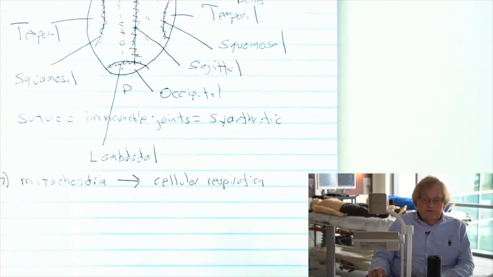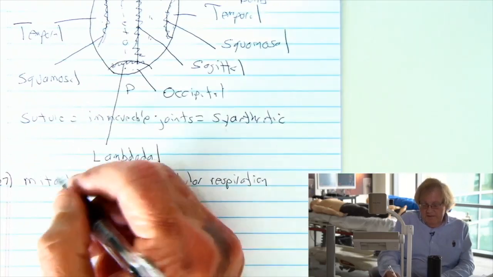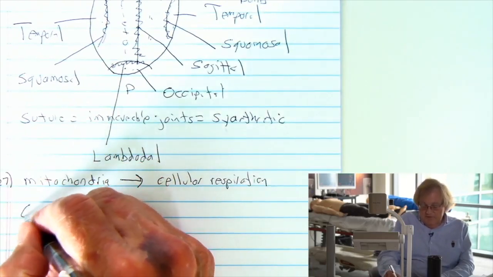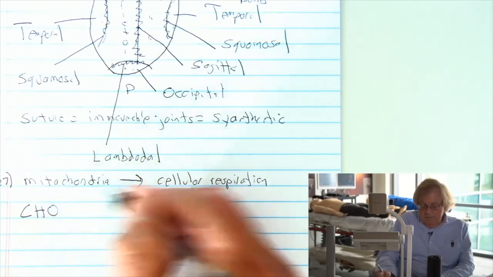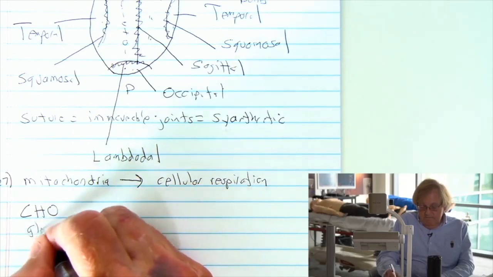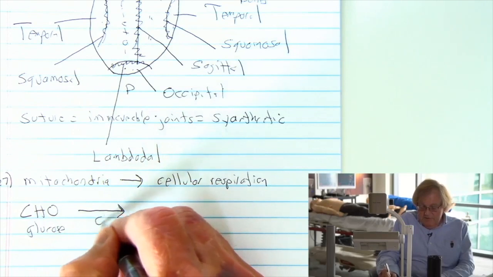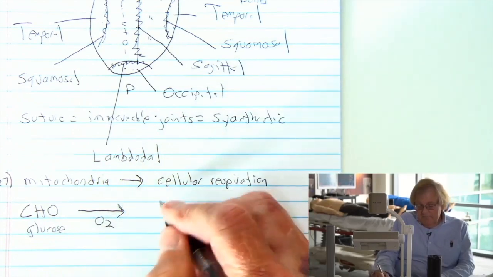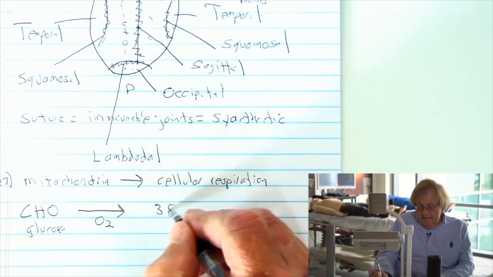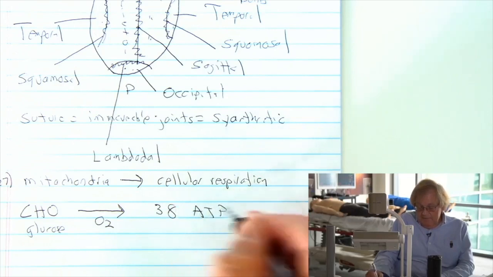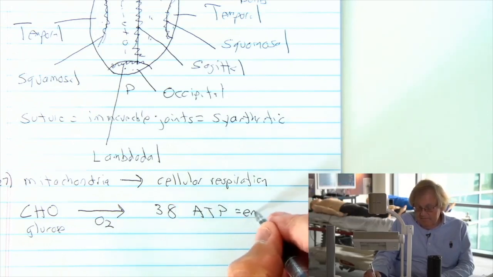Cellular respiration is actually going to be the taking of sugar, so CHO, glucose, in the presence of oxygen is going to produce 38 ATP, which is called my energy currency.